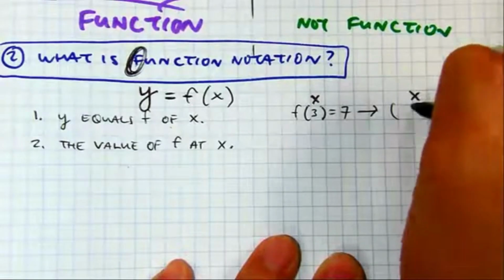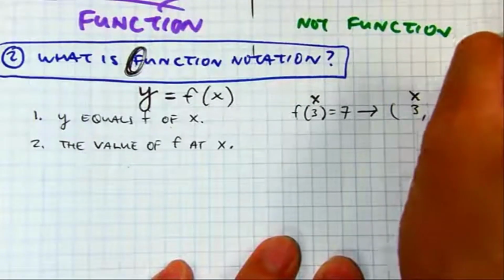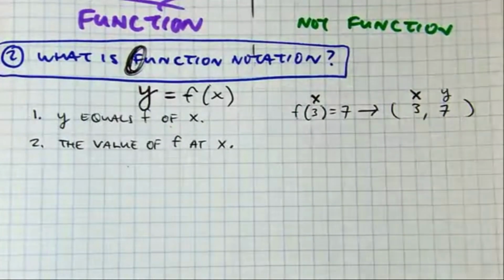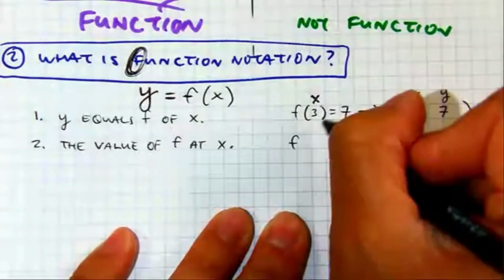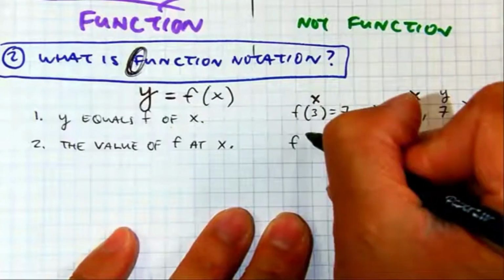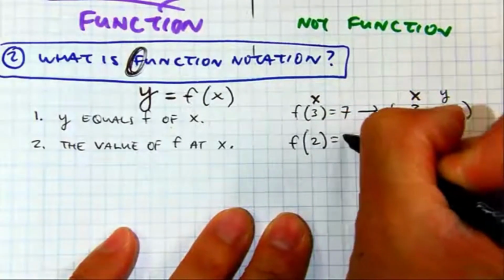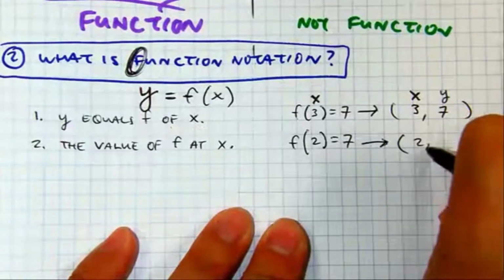And your y value is 7. f of 2 equals 7. What's the ordered pair? 2, 7. Okay.